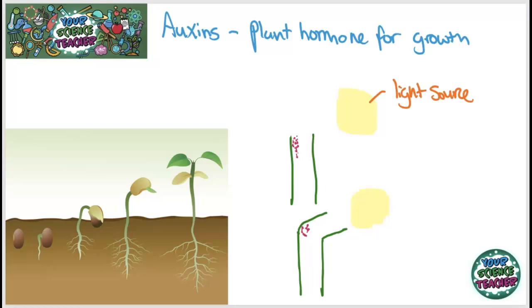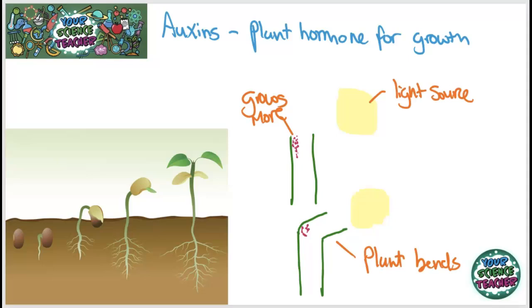And what this causes to happen in the plant is it causes excessive growth on this side of the plant, so it grows more. And because of this growth, it causes my plant to bend. And this is why we observed the pattern on the last slide of positive phototropism in the shoots, is because these auxins are gathering on the side furthest away from the light source, causing that side of the plant to grow faster, and therefore the plant bends towards the light.